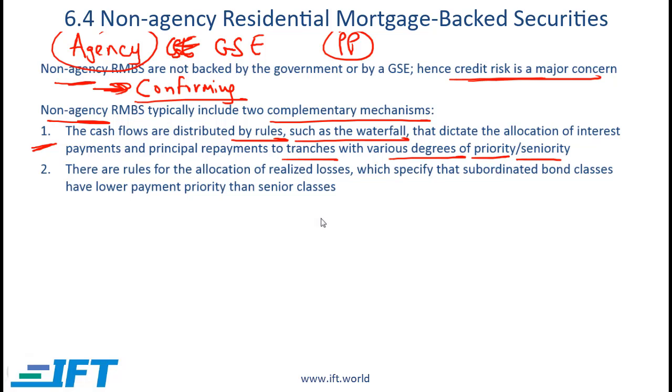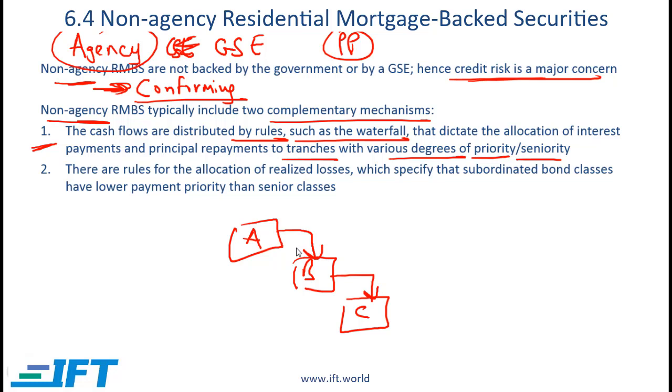We don't need to get into the details here, but if there are multiple tranches or bond classes such as A, B, C, and so on, there might be rules which say that payments first go to A and then to B and then to C, and very roughly speaking, this might appear to be like a waterfall. Hence, these rules or some of these rules are referred to as the waterfall.